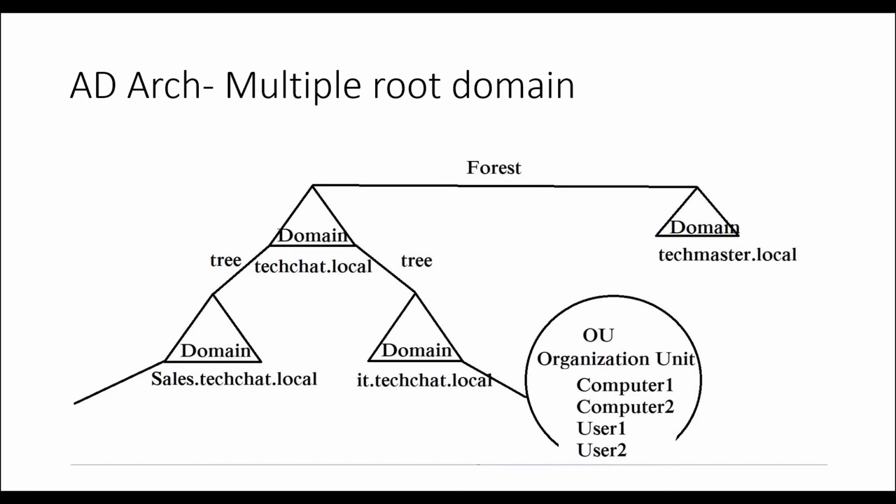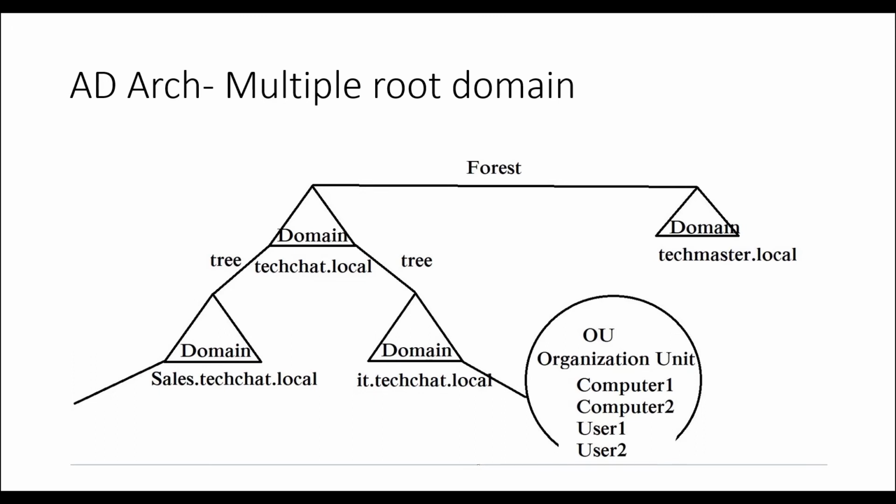Okay, now you can see the AD architecture if we have multiple root domains. At the very beginning I had only the Techchat company, then I purchased Techmaster also, so I have two major domains, two root domains. In that kind of situation, we call this a forest.